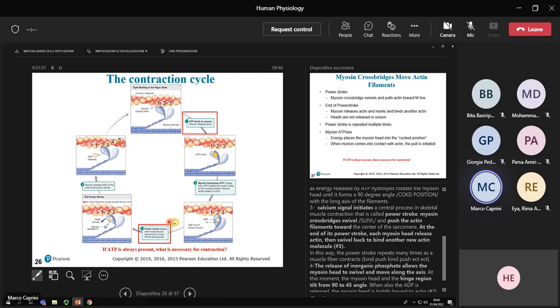The calcium signal initiates a central process in skeletal muscle contraction called the power stroke.